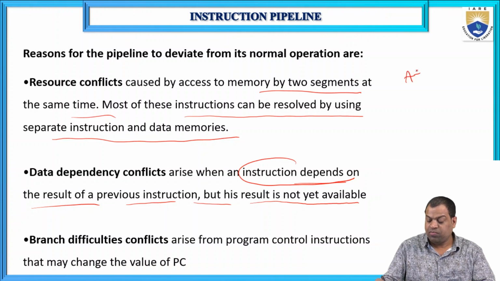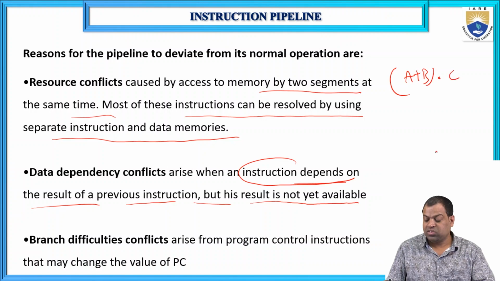Suppose I am going for A plus B, and then I want to multiply with C. Definitely I need the A plus B result. If I know the A plus B result, then only I will go for the multiplication with C. If the A plus B result is not yet completed, then this multiplication is waiting for it.